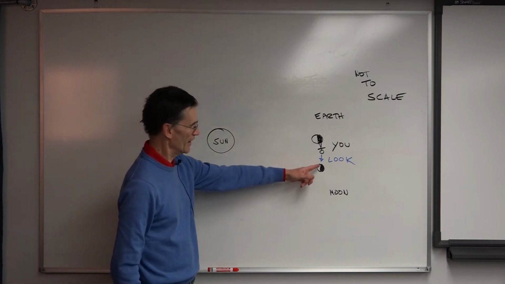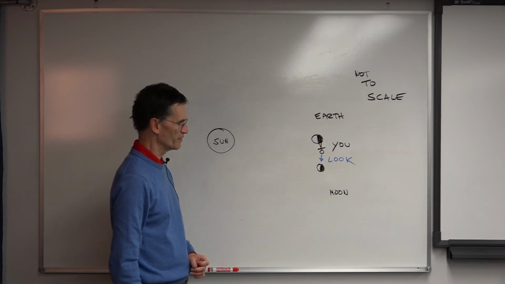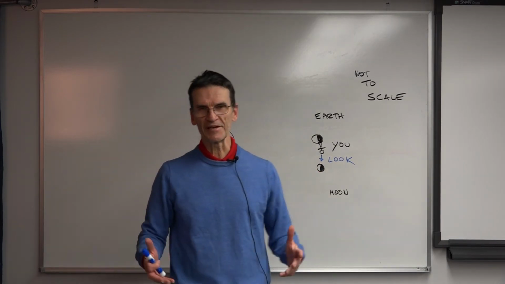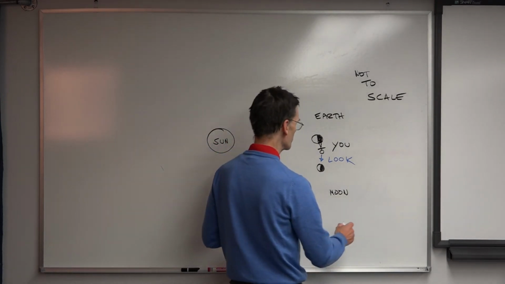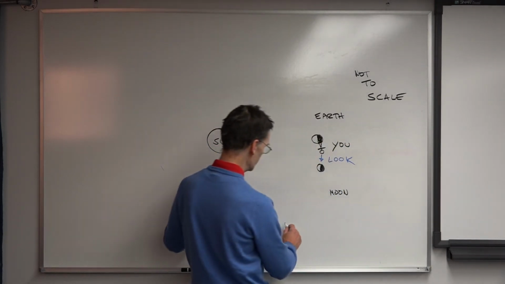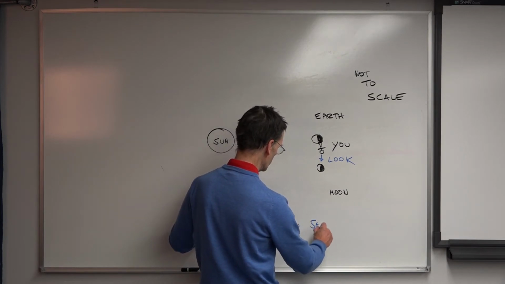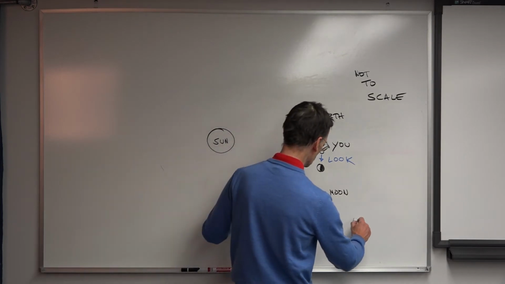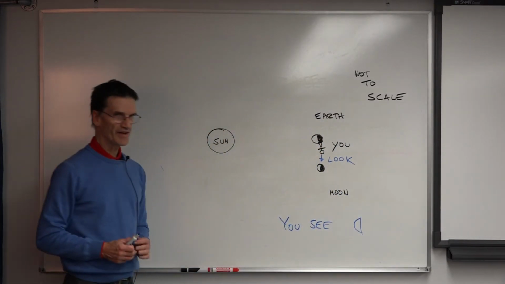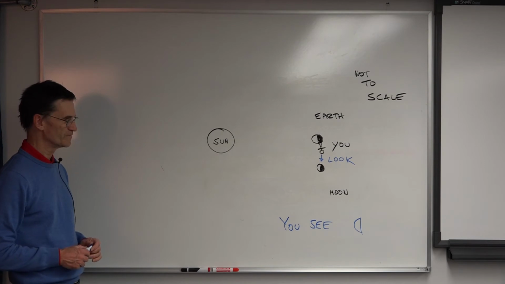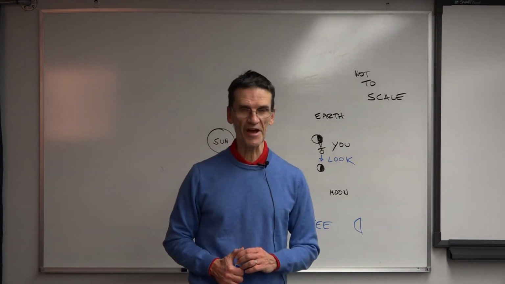You're going to see half the moon is lit and half the moon is dark. The dark side, you may not see at all because it's dark, but what you would see, let me put it here. You would see something like that. You'd see a half a moon. It has nothing to do with the Earth's shadow.